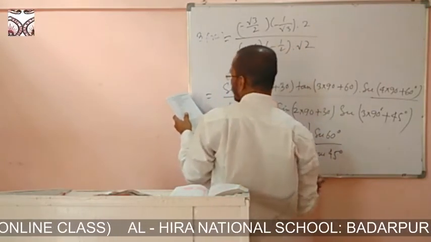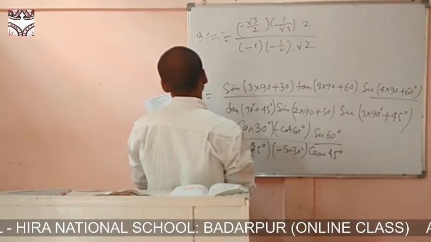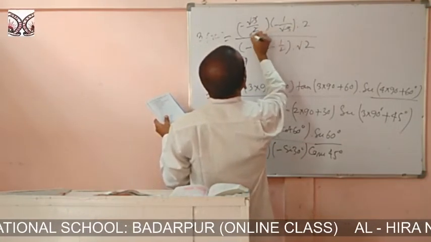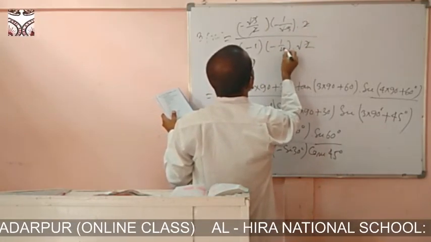So cosec 45 is root 2. So if we divide, then root 3 cancel, 2 cancel, and this 1, then this will be root 2.